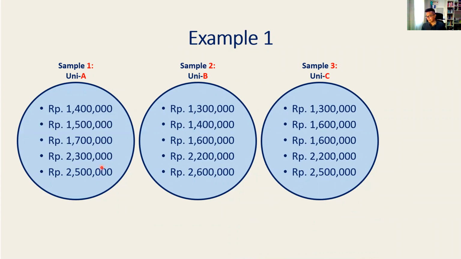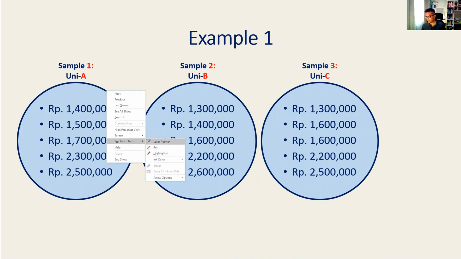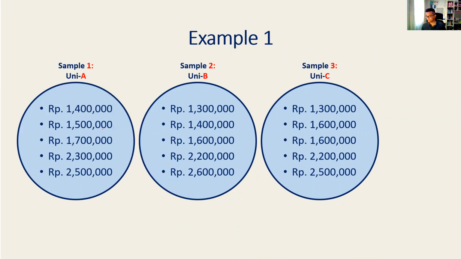We can see that if we draw a simple scatter plot here, this is uni A, uni B, and uni C. For example, in University A, the first respondent states 1.4 million spending.